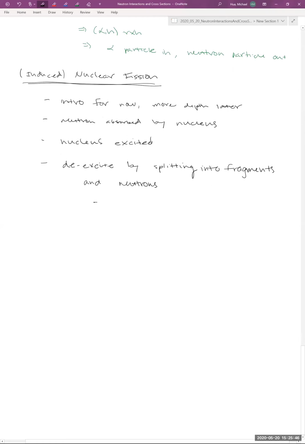I will note that the number of neutrons and the fragments, what they are, there are many possibilities for them.